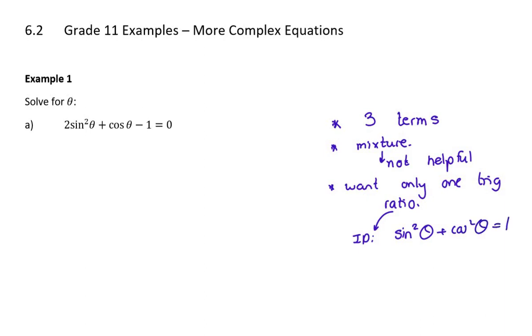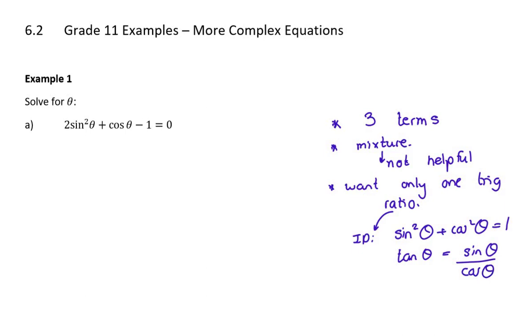And we all know that therefore 1 minus cos squared is sine squared, and 1 minus sine squared is cos squared. And if you think that this is a grade 11 example, the only other identity at the moment is that tan theta is sine theta over cos theta.